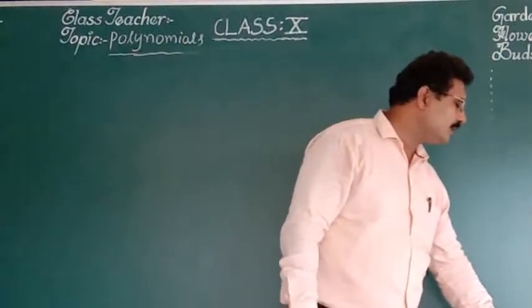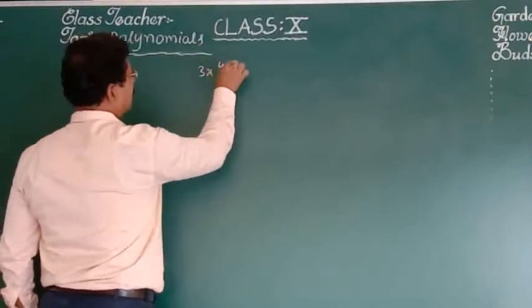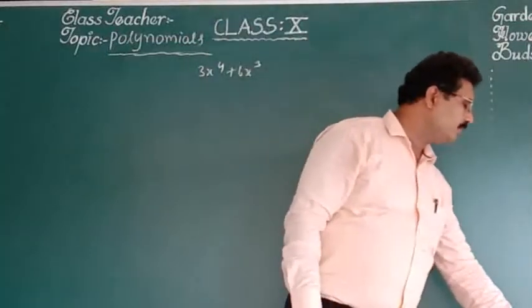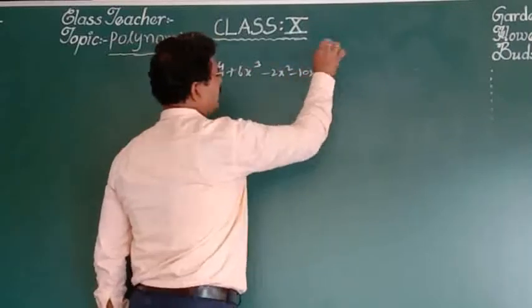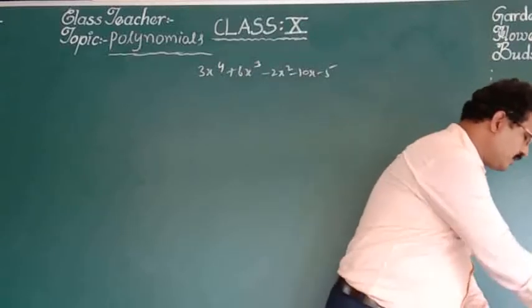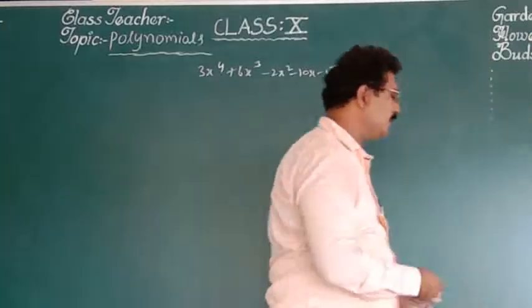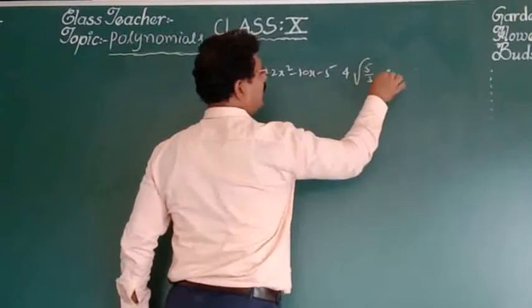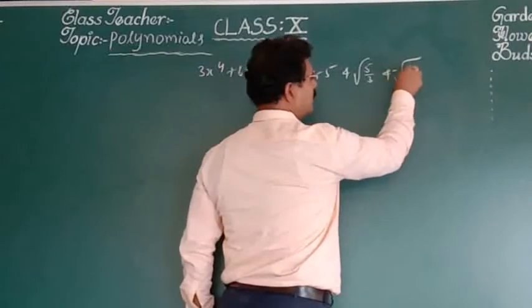Obtain all other zeros of 3x power 4 plus 6x cube minus 2x square minus 10x minus 5, if two of its zeros are root 5 by 3 and minus root 5 by 3.